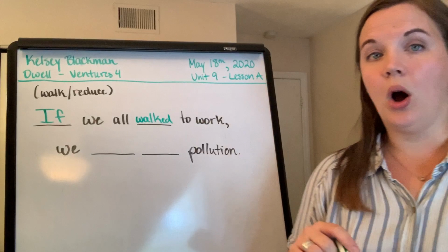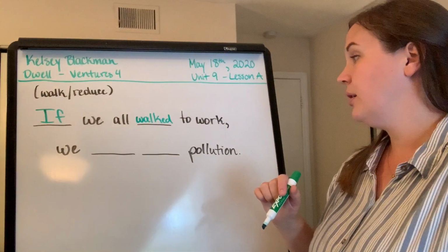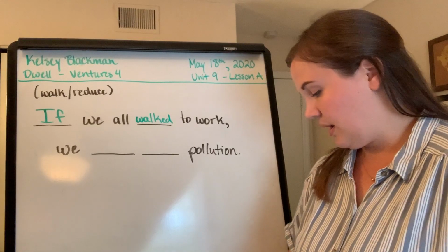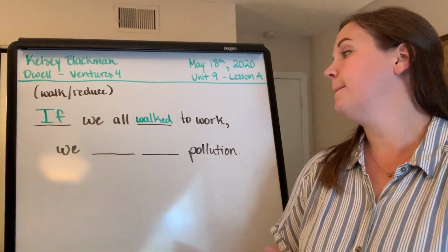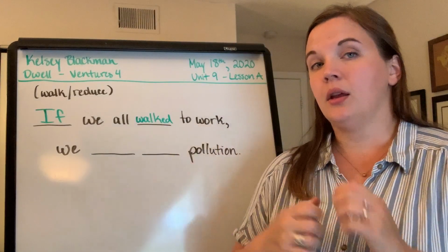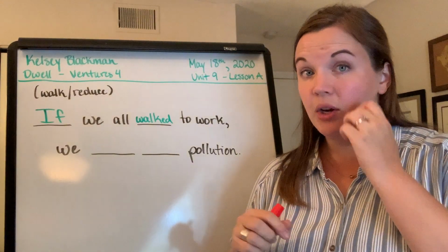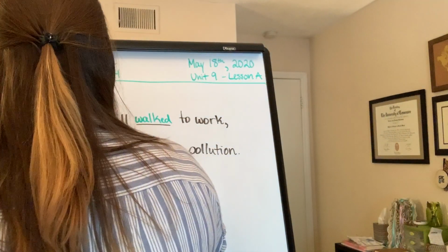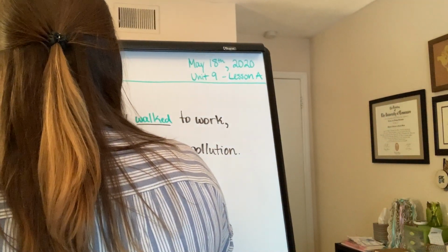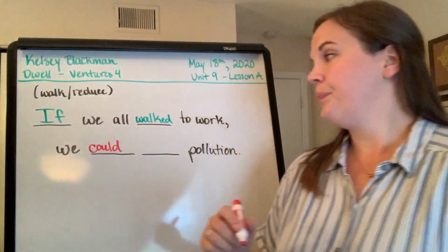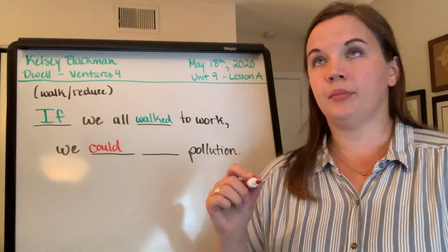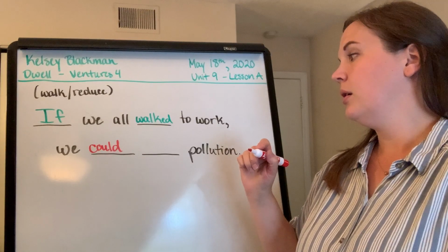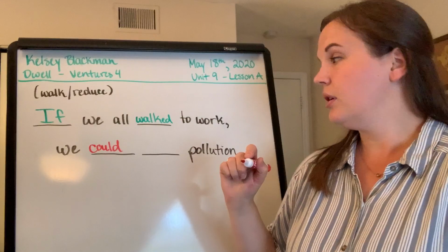If we all walked to work, okay, then the results clause says we. Now you can either use would or could. I'm going to say could. And then the verb is reduce.